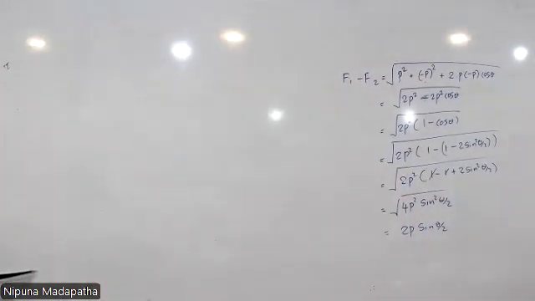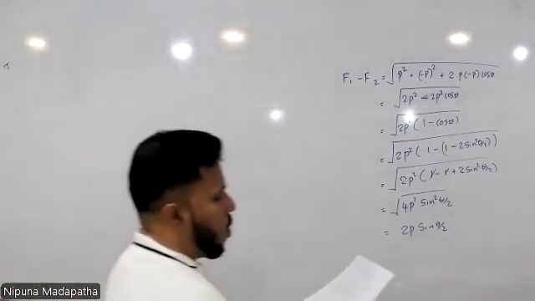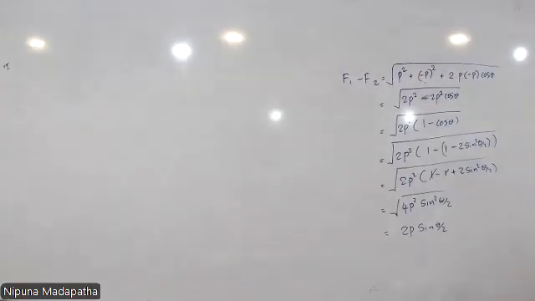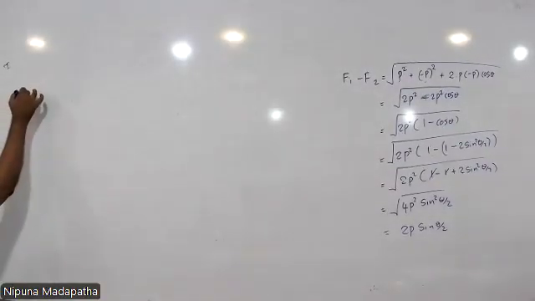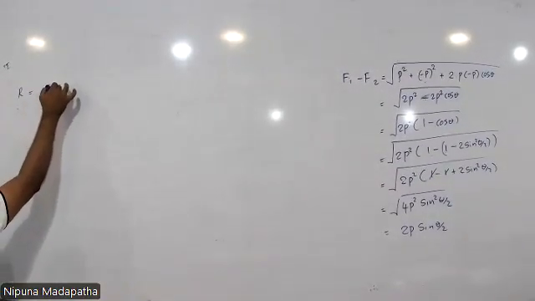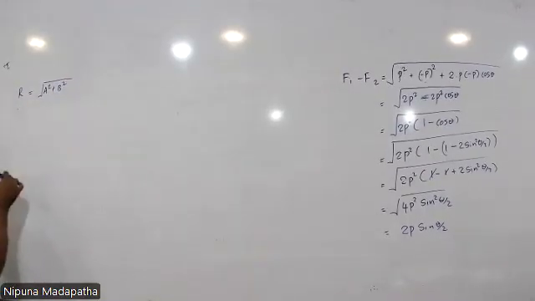Right. Question number 13. Find the angle that must exist between two forces of magnitude A plus B and A minus B, such that their resultant is the square root of A squared plus B squared. So the value of R is the square root of A squared plus B squared.